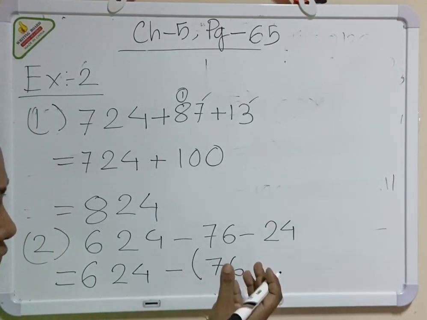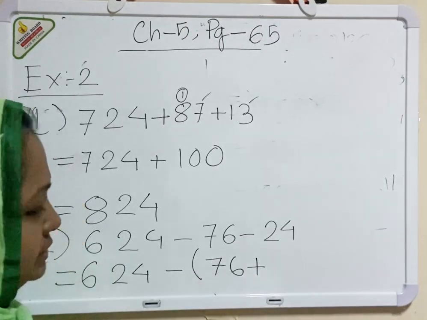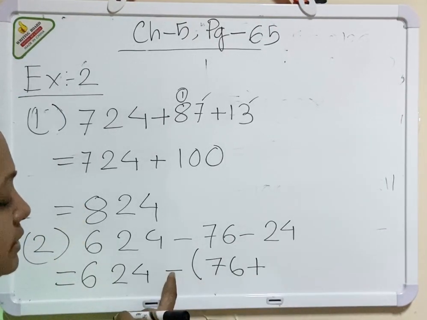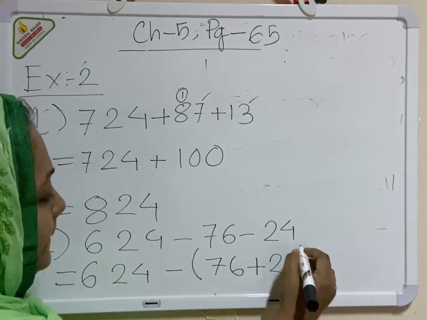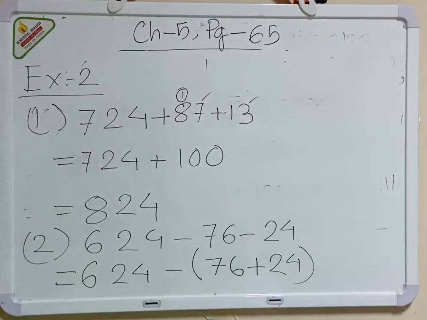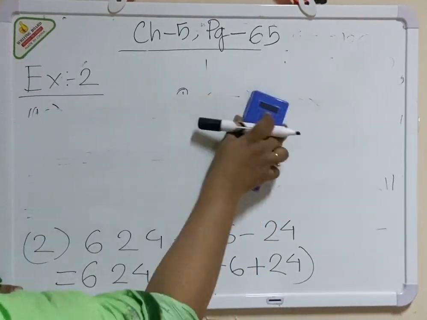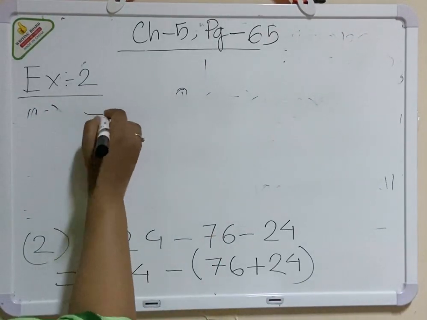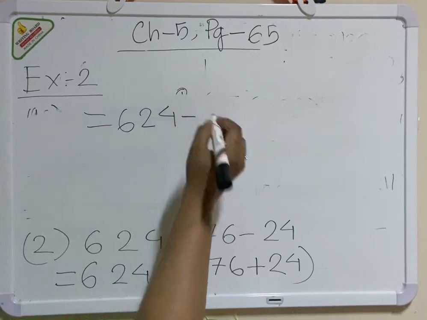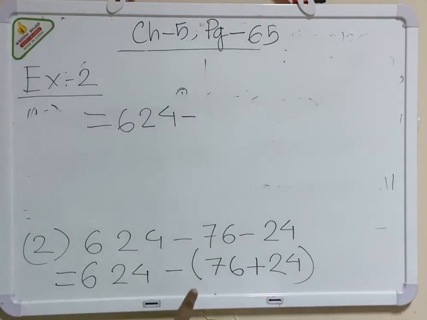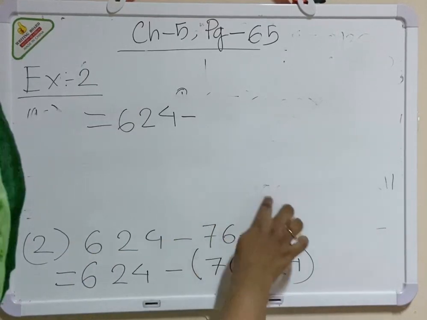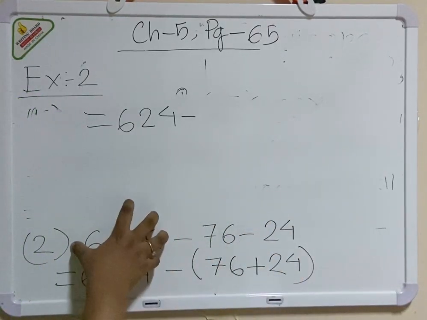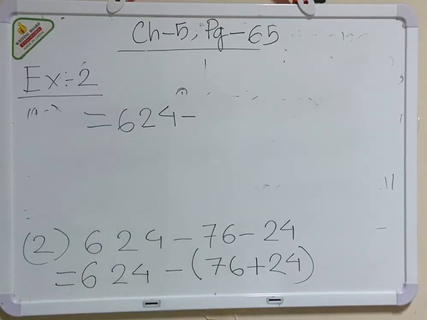Inside the bracket there should be plus, because minus with minus gives plus. Because these two numbers are subtracted from here, I can add these two numbers and subtract the total from here without step-by-step subtraction.